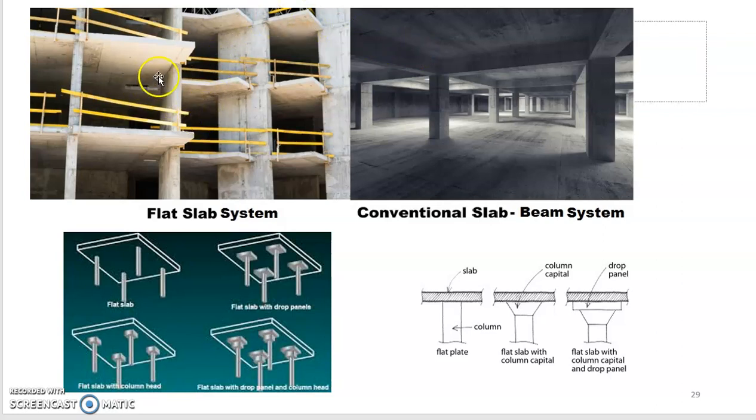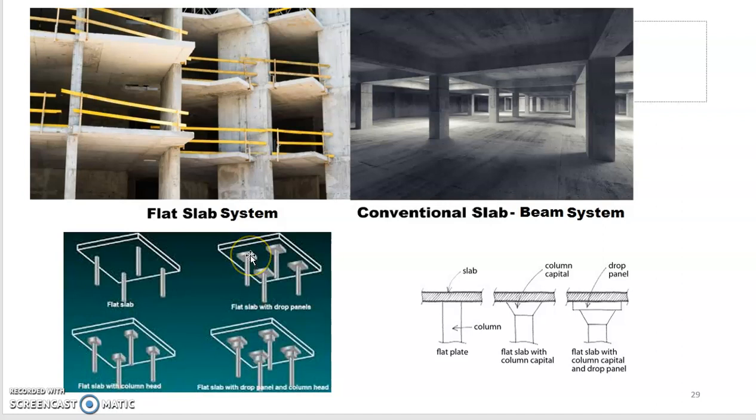And we can see these all are flat slab buildings. You can see only the slab is there, which is supported directly on the columns. So in order to give more strength to the flat slab construction, at the junctions of columns and slabs, small panels are provided.